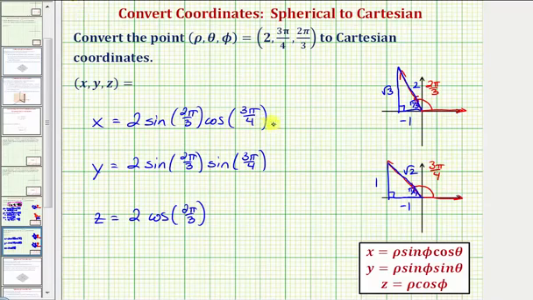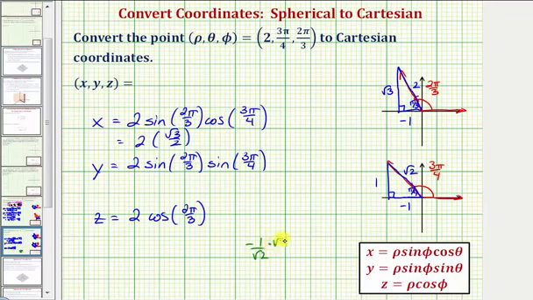So now we can find our trig function values. For x, we have 2 times sine 2π/3, which would be equal to the ratio of the opposite side to the hypotenuse, which is √3/2. And then for cosine 3π/4, that would be equal to the ratio of the adjacent side to the hypotenuse, which should be negative 1/√2.